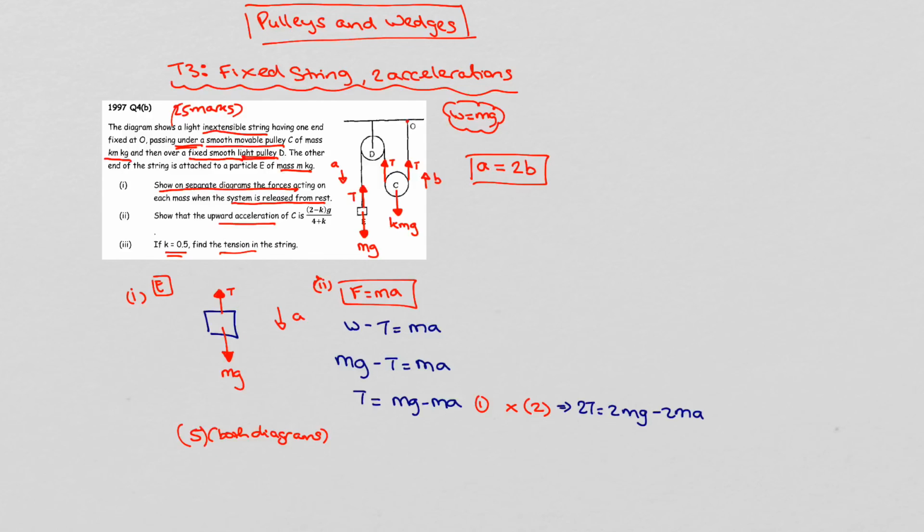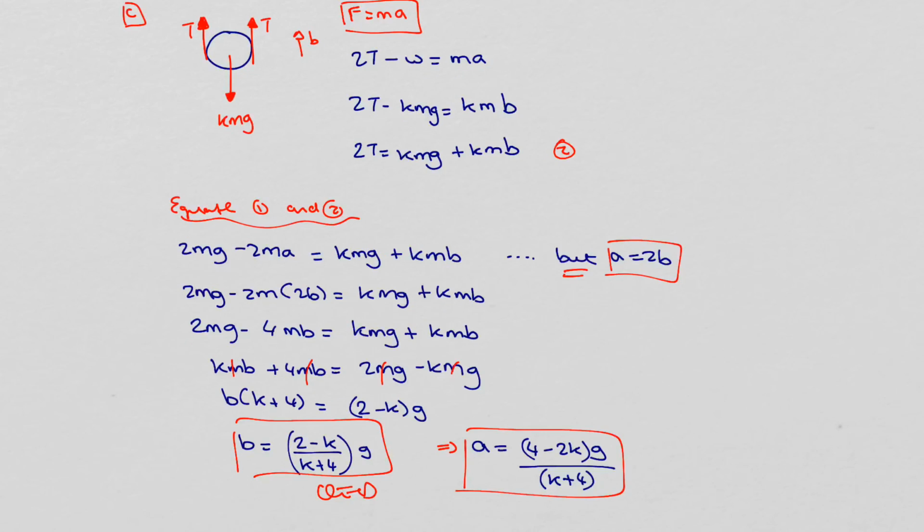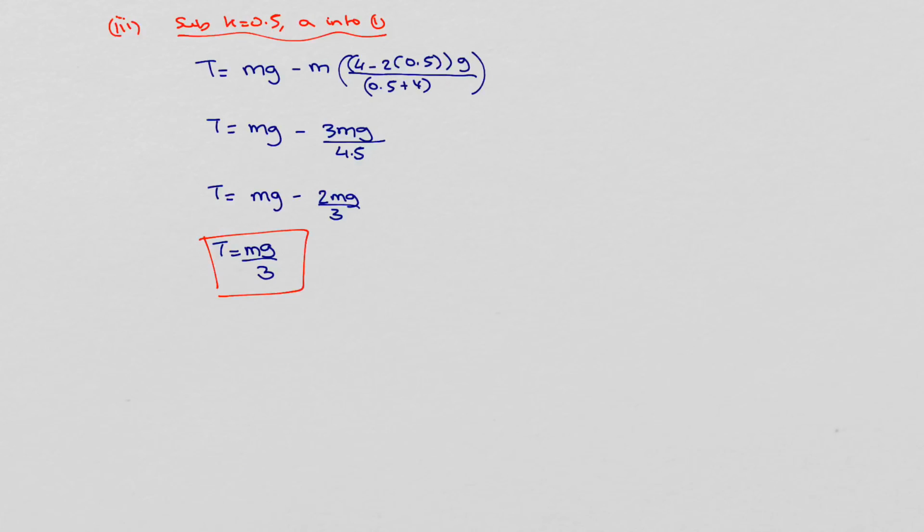And then we had 5 for both equations, so equation 1 and equation 2. And then we had 5 for working out our acceleration of c. And then we had 5 for getting our tension out and 5 for subbing in.